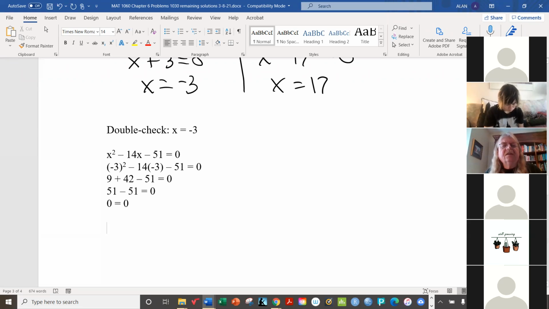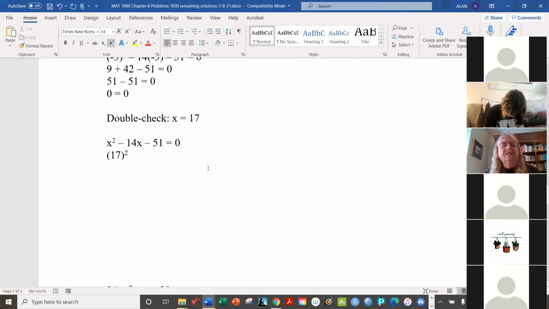Now let's double check the other solution we came up with, which is 17, and let's see what happens. So 17 squared comes first. Then we'll have minus 14 times 17, and then we'll have minus 51.